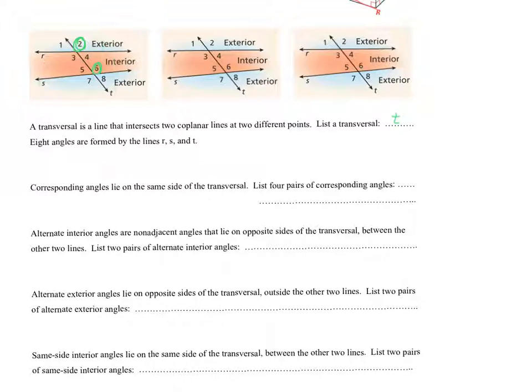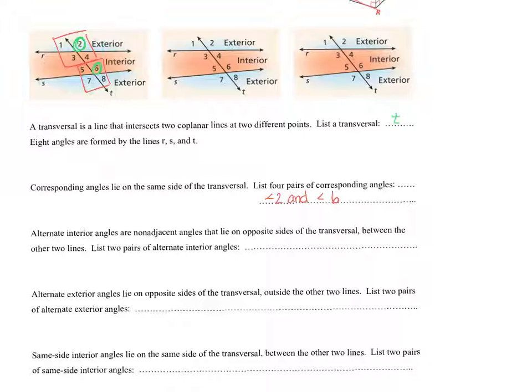If you look at the full intersection that I'm blocking off here, they're both in the top right. So angle 2 and angle 6.